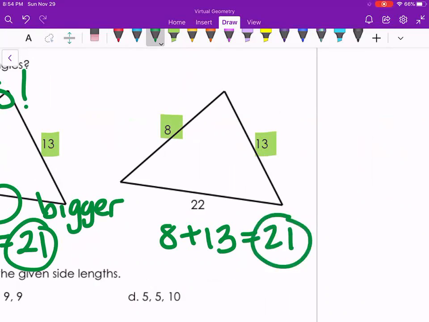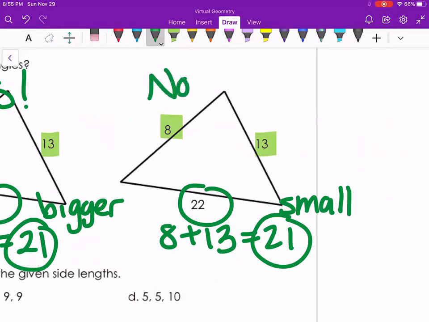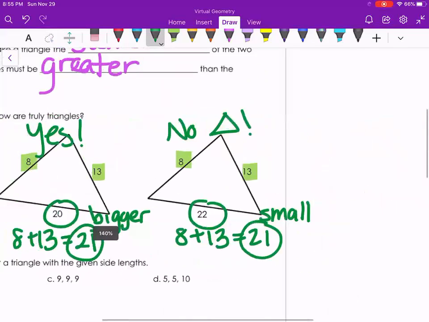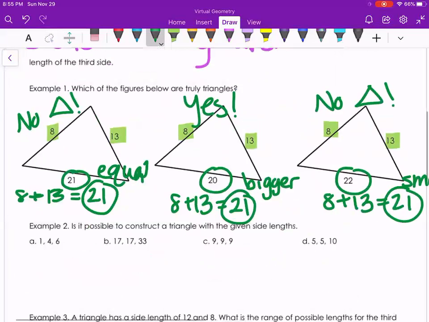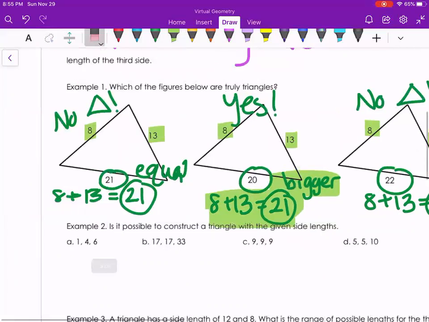So that 21 to the third side, it is smaller, so no triangle. So again, the only way that we got a triangle is when the sum was bigger. When we added them up, it was bigger than the leftover third side of the triangle. If they were equal, not a triangle. If it was smaller, not a triangle. So using that same idea, let's check out the examples we have down below.